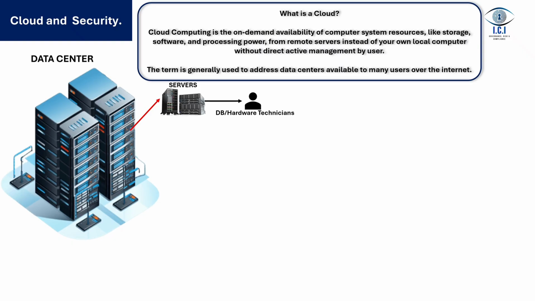Now, I said you don't need maintenance. So if by virtue you are to set up all those things, this server in your physical location, you'll be paying database or hardware technicians to maintain it, which the cloud service provider has saved you of the stress for you, just for you to just demand, pay for your services and leave the maintenance for them. They will do the management for you.